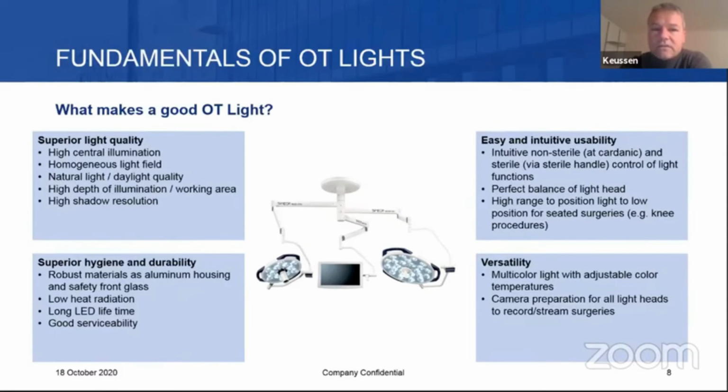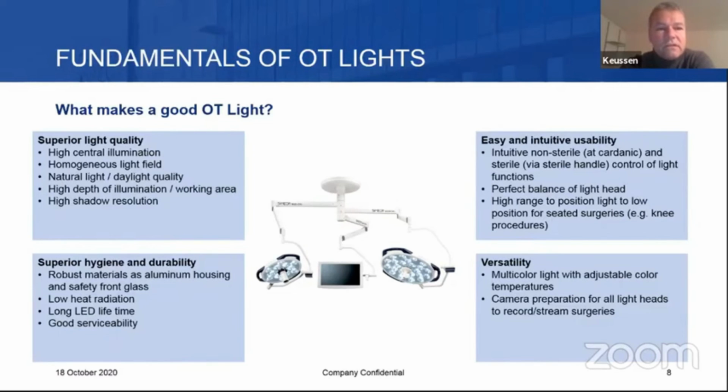Also important is a high range to position the light, also to a very low position, because there are a couple of seated surgeries, for example knee procedures, where you need the light in a very low position to the patient. Then superior hygiene and durability are very important, especially in the operating room.